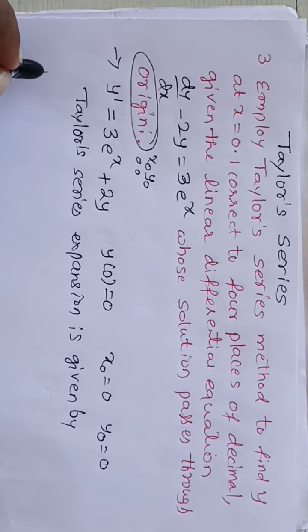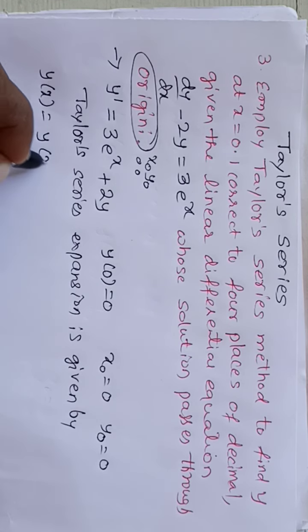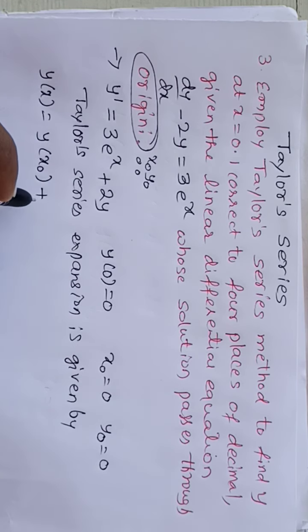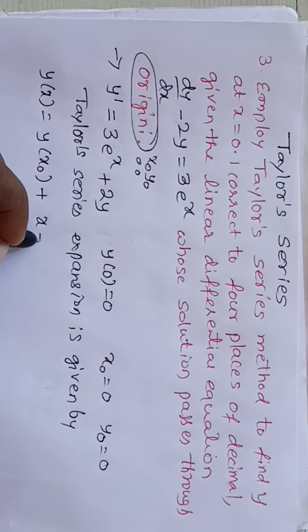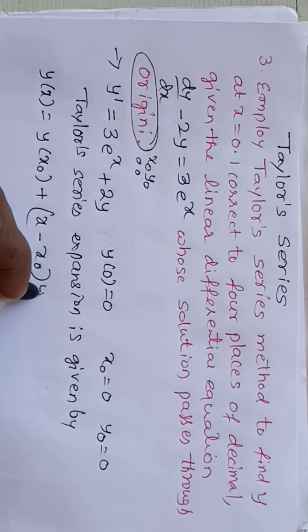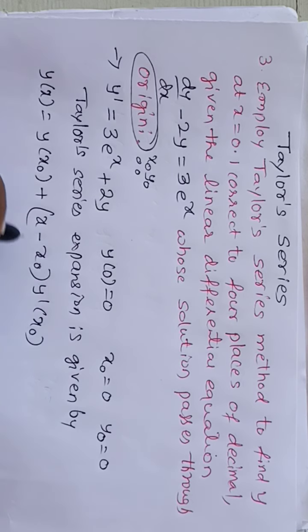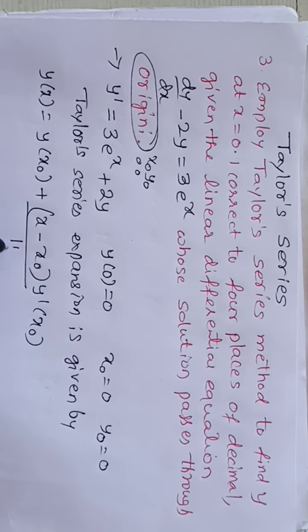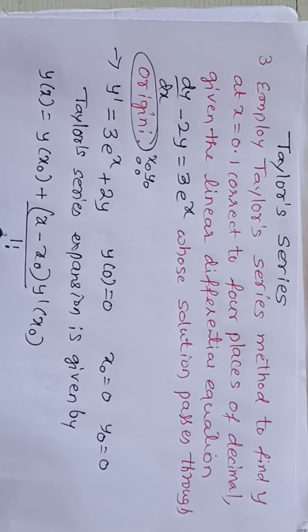Very important application. Yes, y of x is equals to y of x naught plus x minus x naught, next y dash x naught. Here 1 factorial is there. If you want you can write it, otherwise 1 factorial is 1 only.